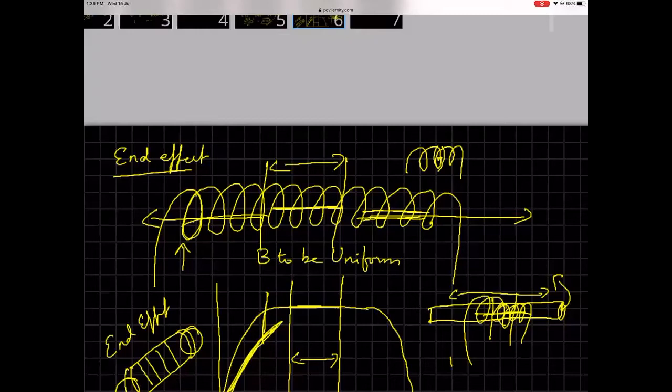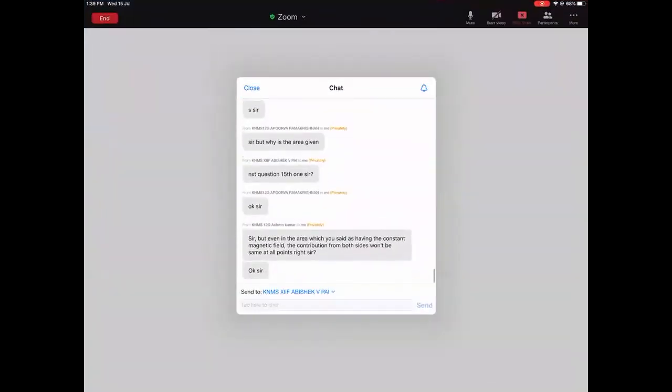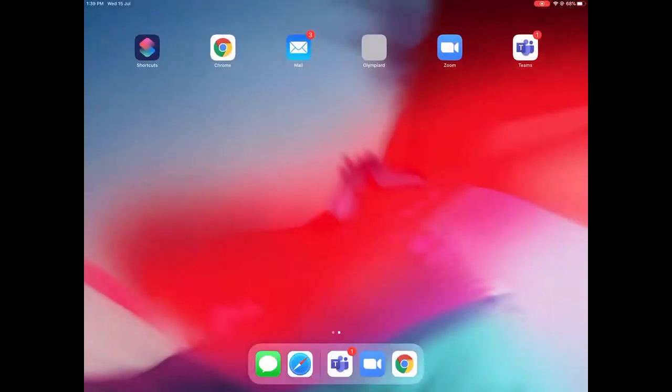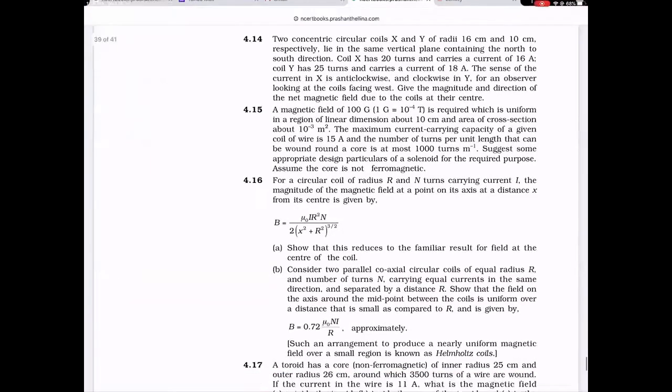As I increase the size, the region with a uniform magnetic field will increase. Of course, this also won't be a perfect horizontal, but it will be near horizontal. We are good enough at that. So these are not very simple. There's still a lot for us to think about.